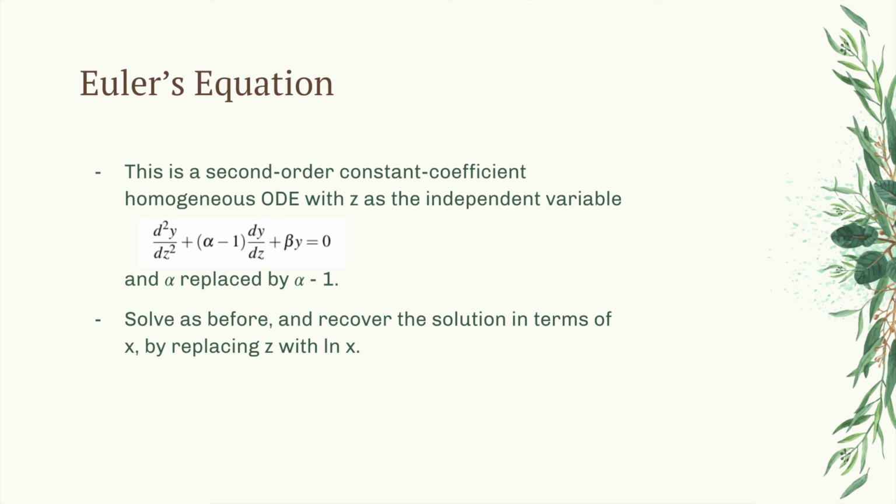Another difference compared to the original second order constant coefficient ODE is that the new auxiliary equation has alpha replaced by alpha minus 1, and we can just solve using the method we have just discussed. Finally, we can recover the solution in terms of x by replacing z by ln x.